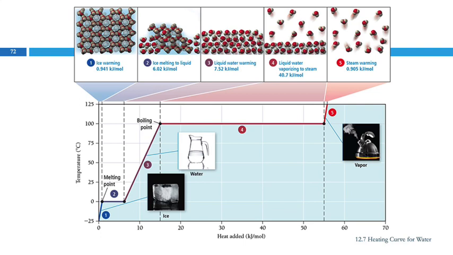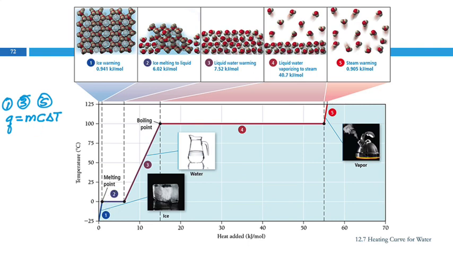So lines 1, 3, and 5, we have the temperature of a substance changing, right? And so that's going to use the equation we learned back in chapter 7, Q equals mc delta T. So you can look at the change in temperature and the mass of the substance and the specific heat capacity.